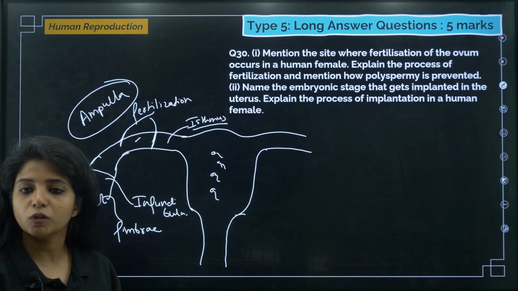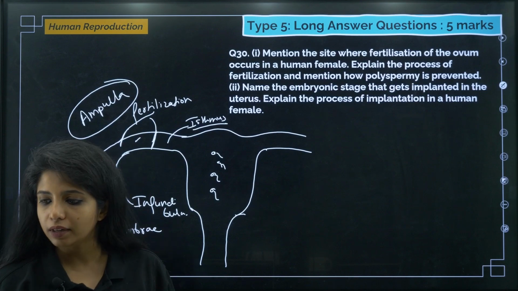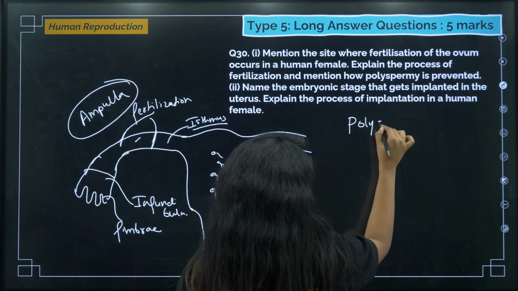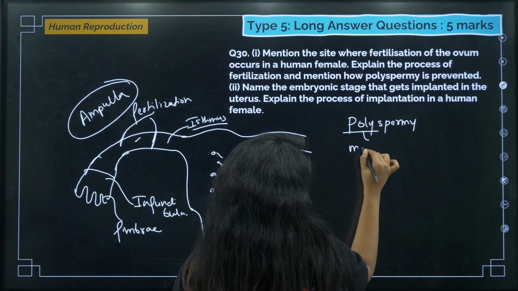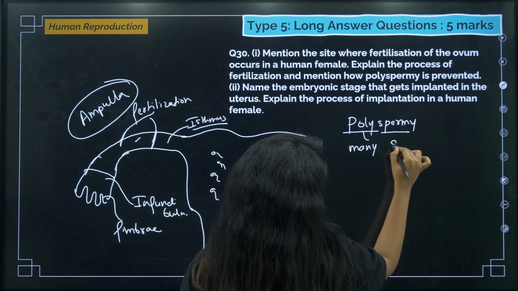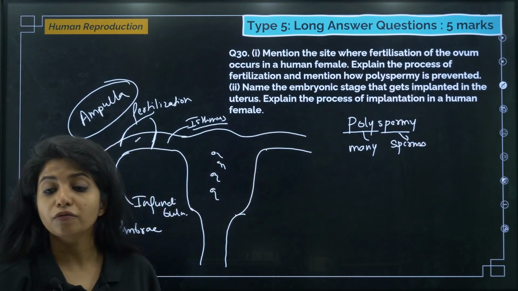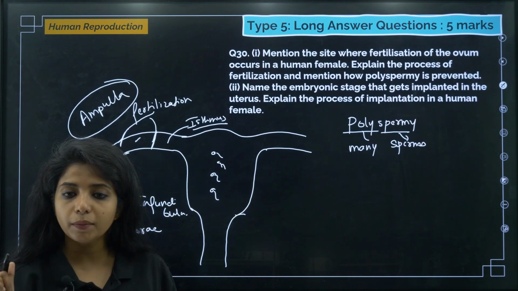And how is polyspermy prevented, that is the question. What do you mean by polyspermy? Polyspermy basically means many sperms. We do not want the entry of many sperms. Only one female and one male gamete have to fuse, right?